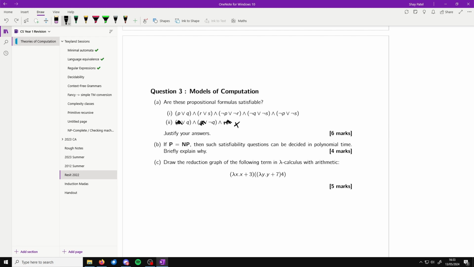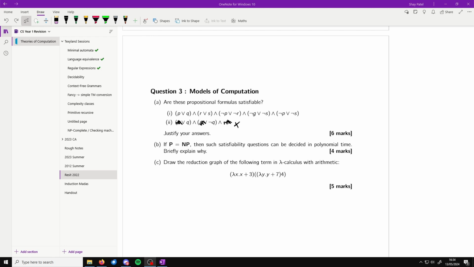Or did we just sort of brute force every possible combination? Brute forced, right, okay. Because there's going to be PQRS, 2 to the power of 4, 2, 4, 8, 16 different combinations you'd have to go through if you wanted to brute force every combination, which seems like a lot of work for 6 marks.